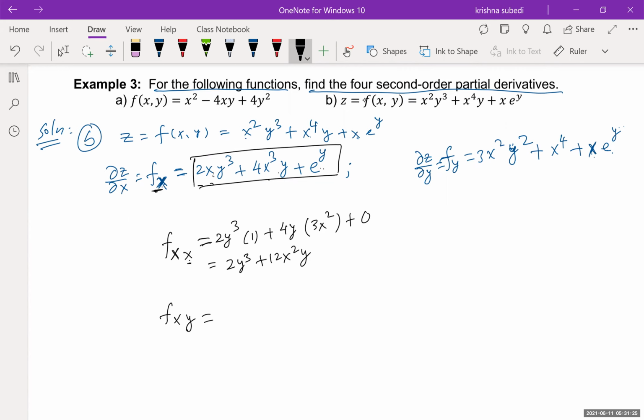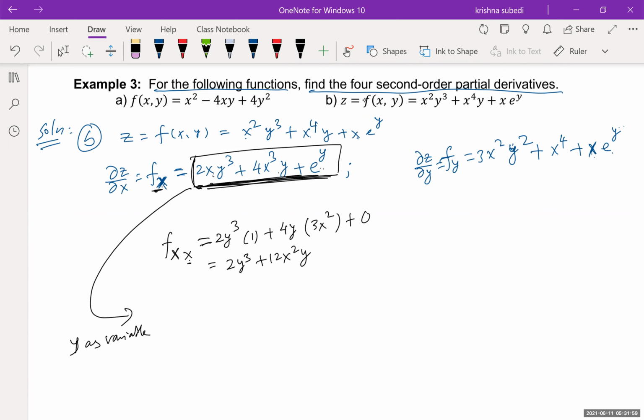And in this case, consider the same function, f sub x, and now differentiate with respect to y. That means we consider y as our variable and x as a constant.